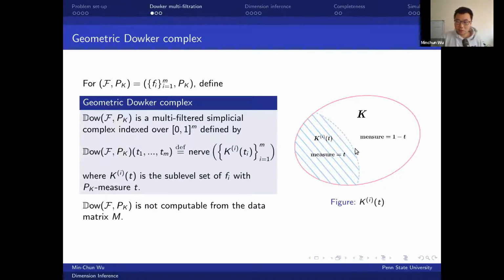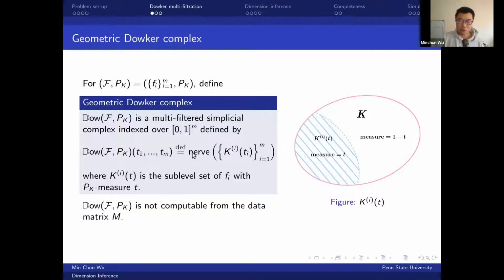Let me explain with a picture. They have the common domain K here, and we know that the functions are quasi-convex. If you increase the threshold, the convex set will grow from the empty set to the whole K. Because P_K is a probability measure on K, the total measure is equal to 1. So there is a unique moment where the sublevel set has exactly measure equal to t. We denote this set by K_i^t.